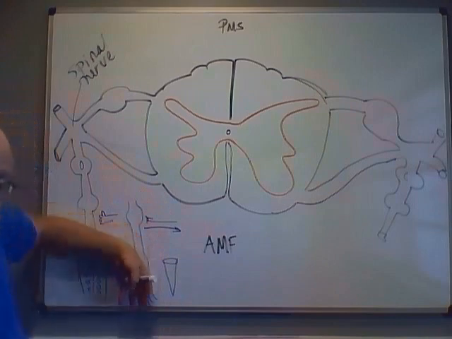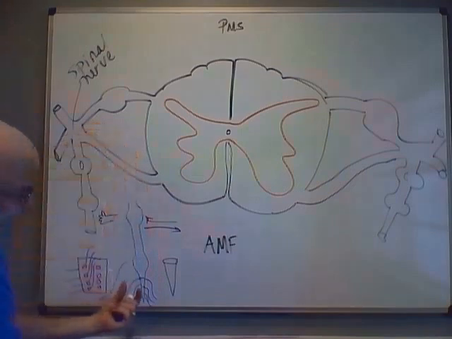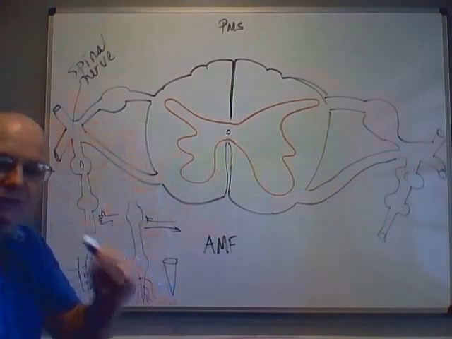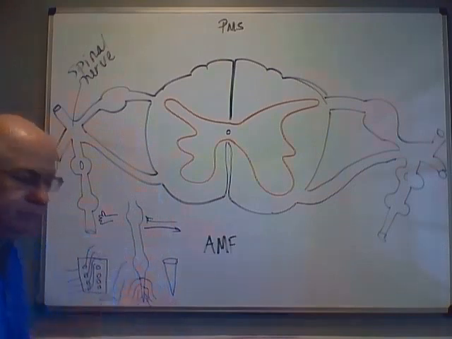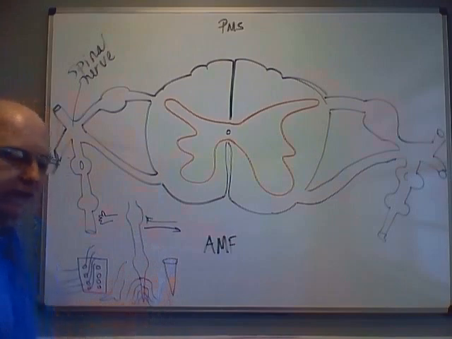If we didn't hold it out to length, it would start to retract and come up, and it would stretch those nerves and damage them. So the spinal cord has to be held to length by the filum terminale, which means the end hair. It's a piece of connective tissue that holds the spinal cord to length.